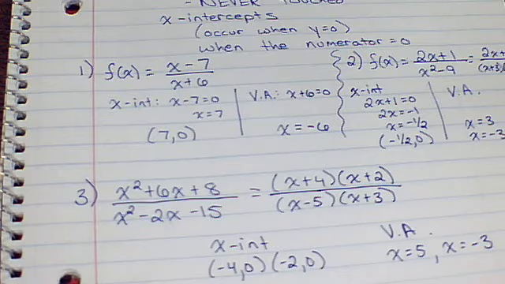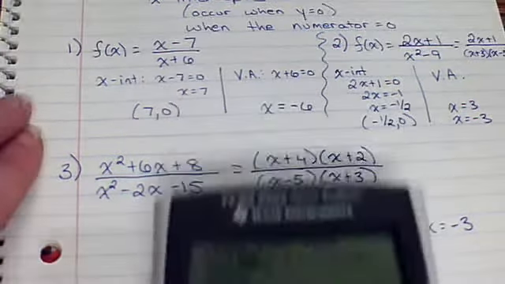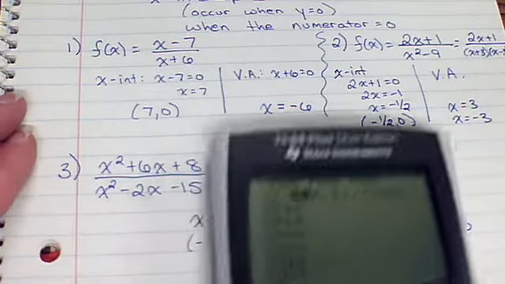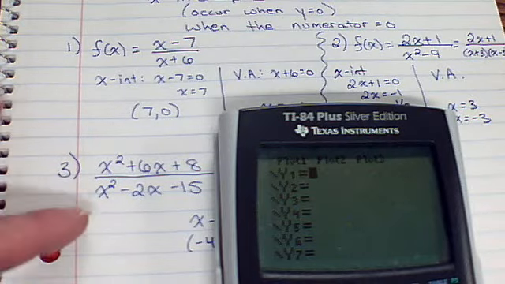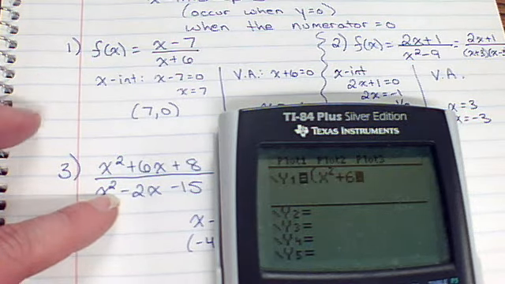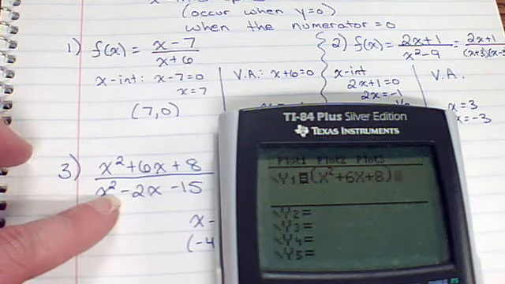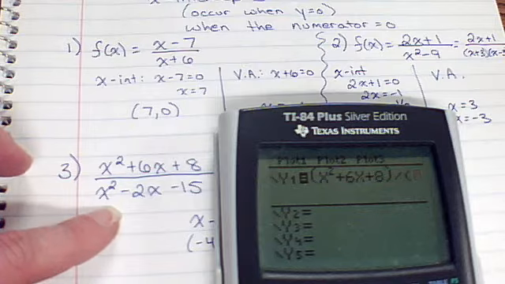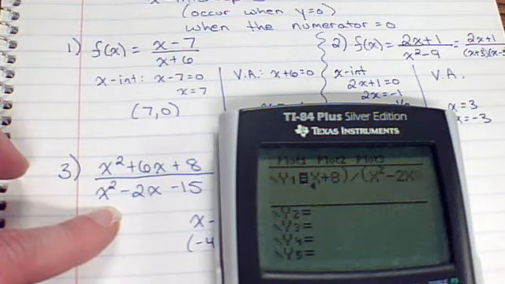Now, if I wanted to double check this in my calculator, just a note on how you'd enter that. Just like I entered the example earlier, I put it in parentheses. I would do the same thing here. I'm going to go to my original and put it in parentheses. X squared plus 6x plus 8 divided by x squared minus 2x minus 15.